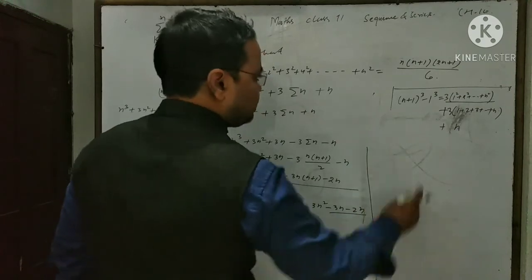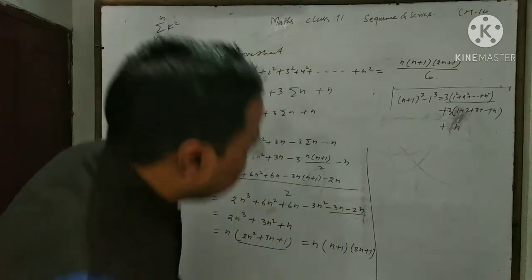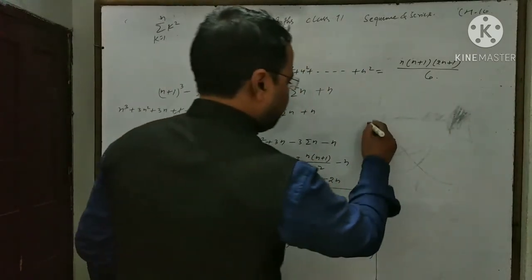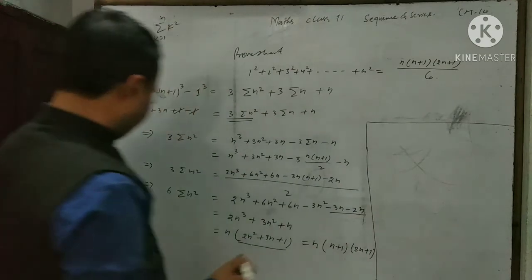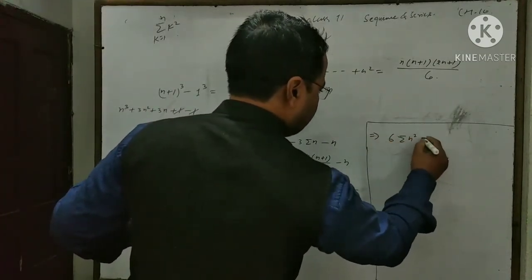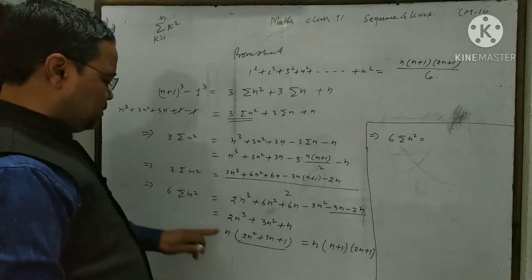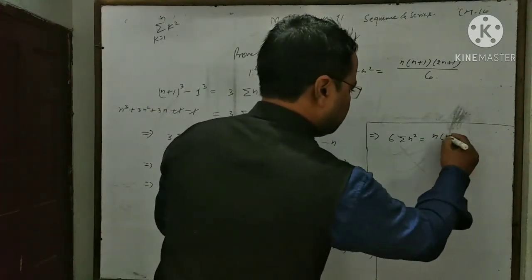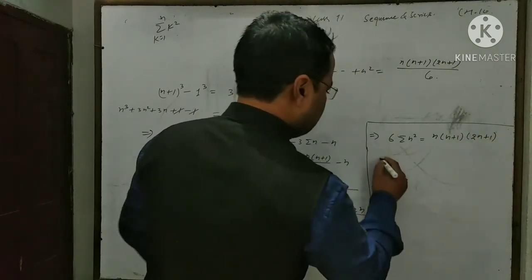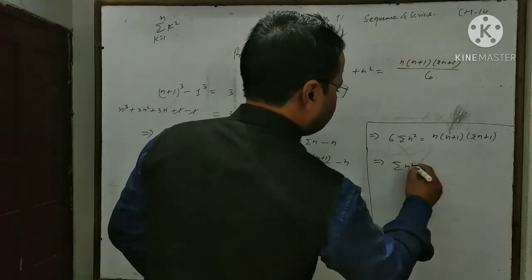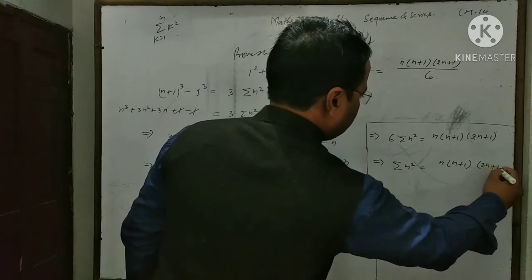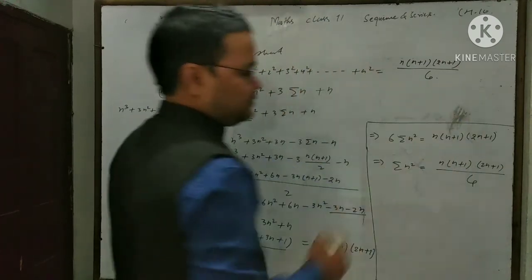Then we can write the next step: 6 sigma n² is equal to n into (n+1) into (2n+1). This implies that sigma n² is equal to n(n+1)(2n+1) by 6.